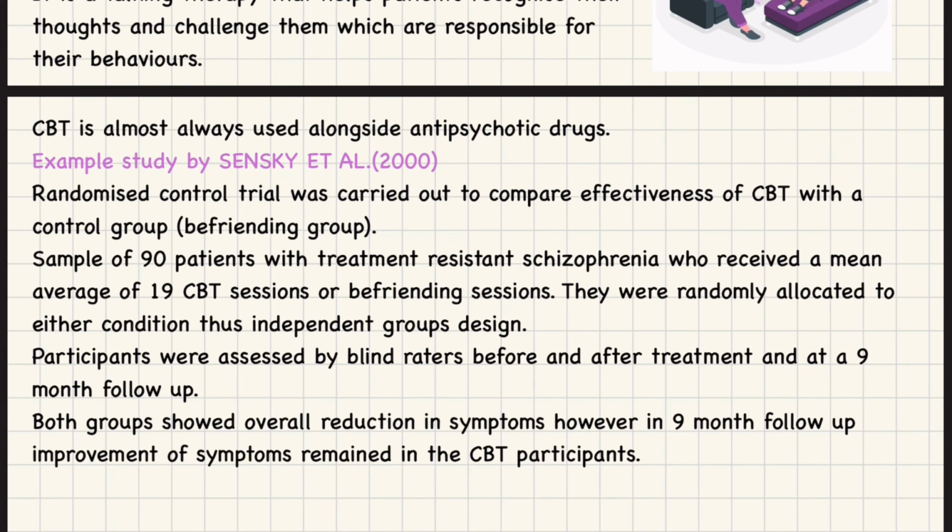Now, both groups, both the befriending and the cognitive behavioral therapy group, showed an overall reduction in their symptoms. However, in the 9-month follow-up, the improvement of symptoms remained in the CBT participants, meaning that for the participants of the befriending sessions, their improvement did not last up to 9 months.